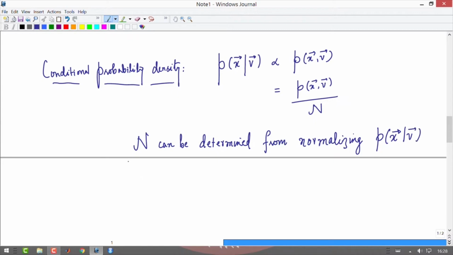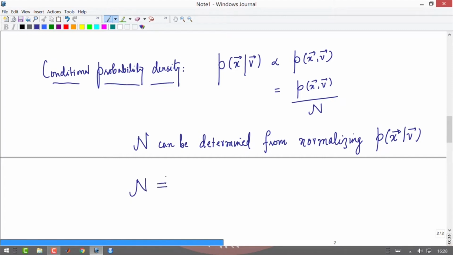I can integrate with respect to x on both sides and get the definition of the norm. Since conditional probability densities are normalized, that is the requirement we are imposing, this simply becomes the integral of the joint probability density with respect to the positions.